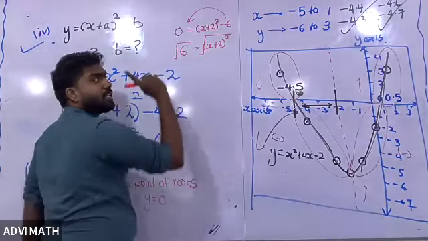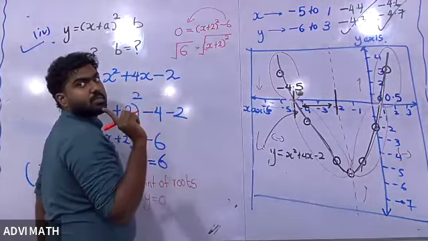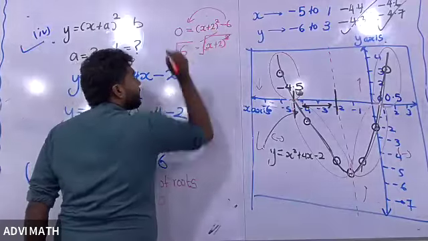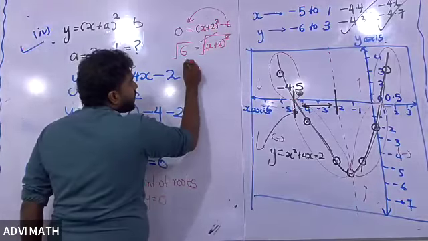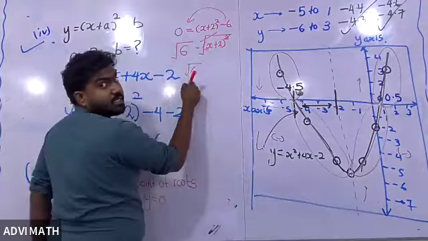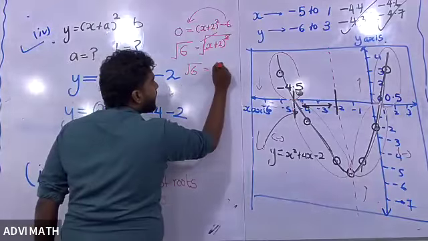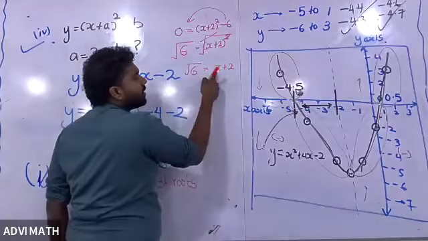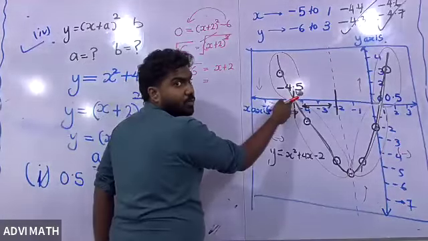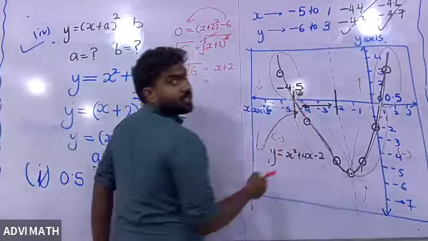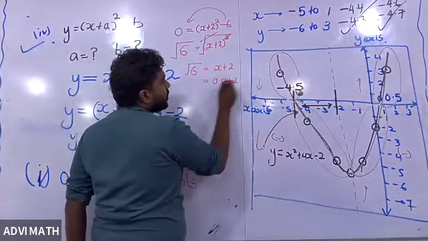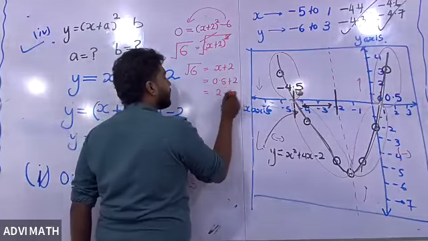Now don't put plus or minus here, only the positive root. Square root 6 is equal to x plus 2. Positive root is 0.5, plus 2. The answer is 2.5.